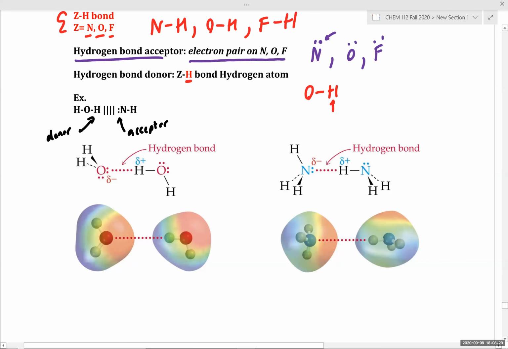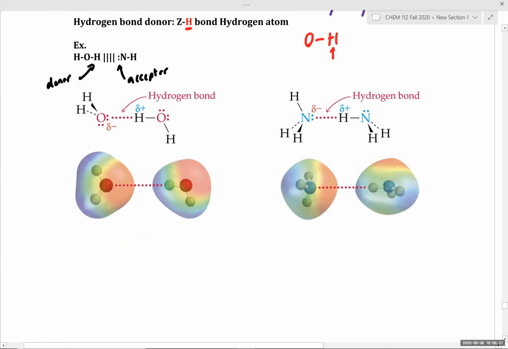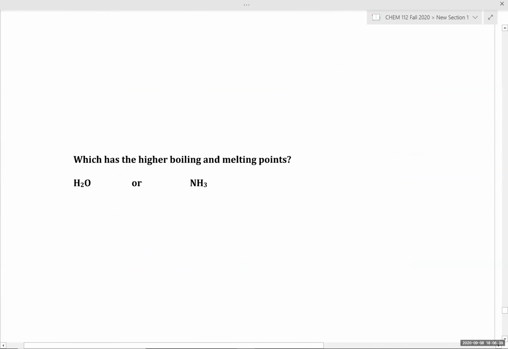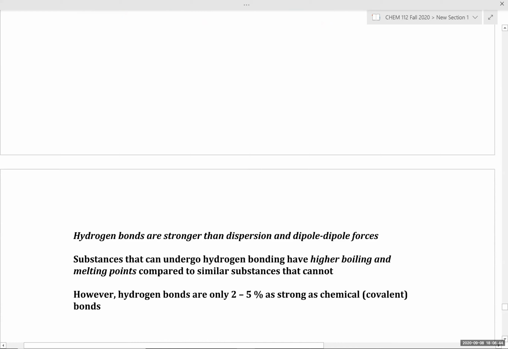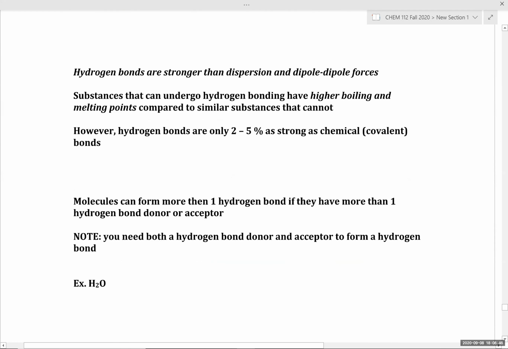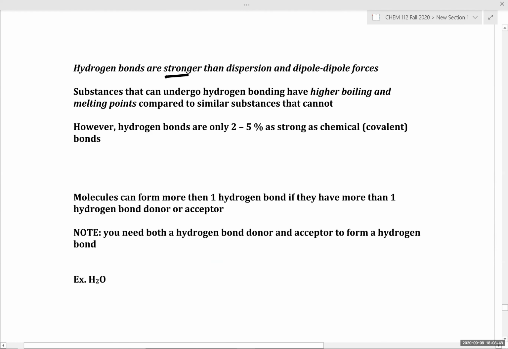So hydrogen bonding is a very strong intermolecular force, and it has a pretty dramatic effect on physical properties such as boiling point. Hydrogen bonds are much stronger than dispersion and dipole-dipole forces. Substances that can undergo hydrogen bonding have higher boiling and melting points compared to similar substances that cannot.